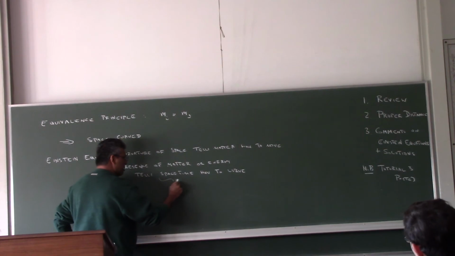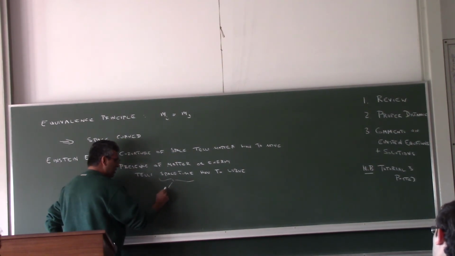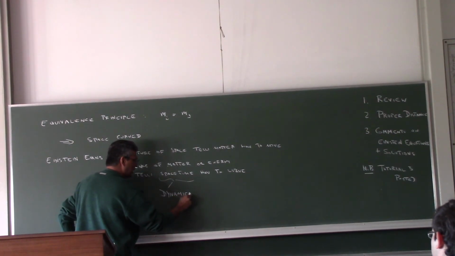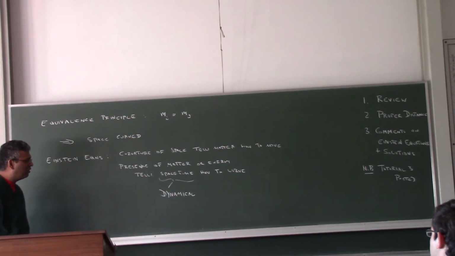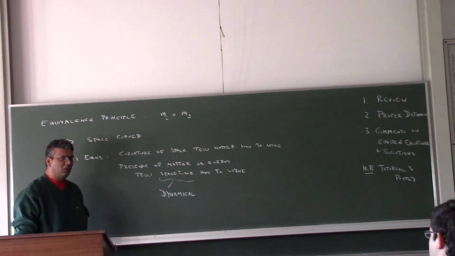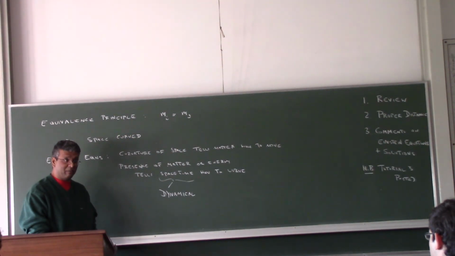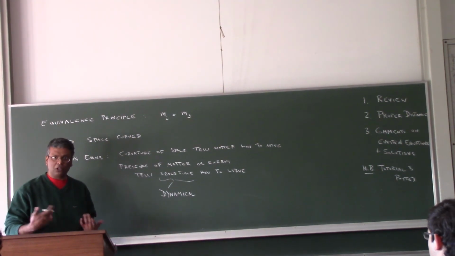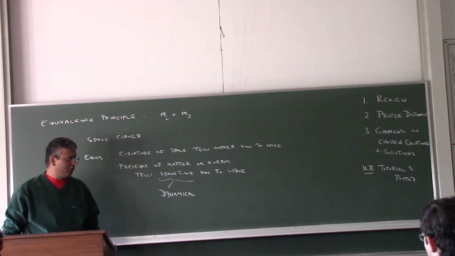So space-time in Einstein's conception is dynamical. It's not just an arena in which events take place. It's really an arena which responds to the presence of matter and energy. So space-time changes depending upon what matter is present in the geometry.